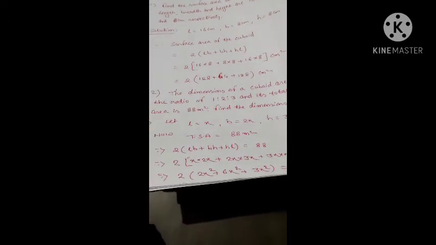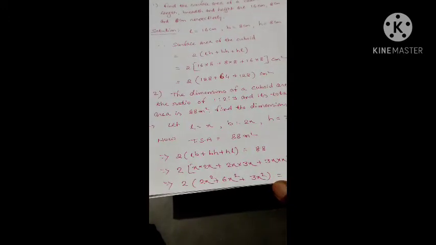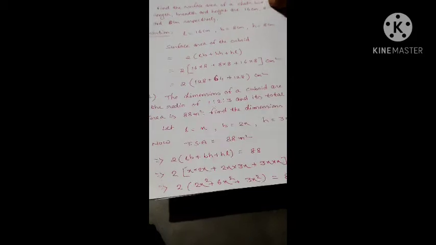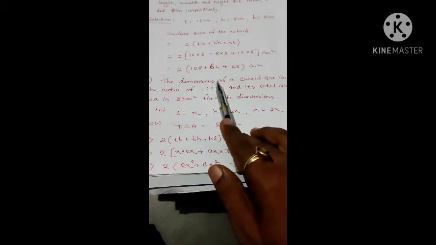See another sum. This is a very important sum, not only for the examinations of your class 9 and 10, but also for competitive examinations. Here the dimensions of a cuboid are in the ratio 1:2:3. That is, the dimensions of the cuboid are given, but in terms of what?